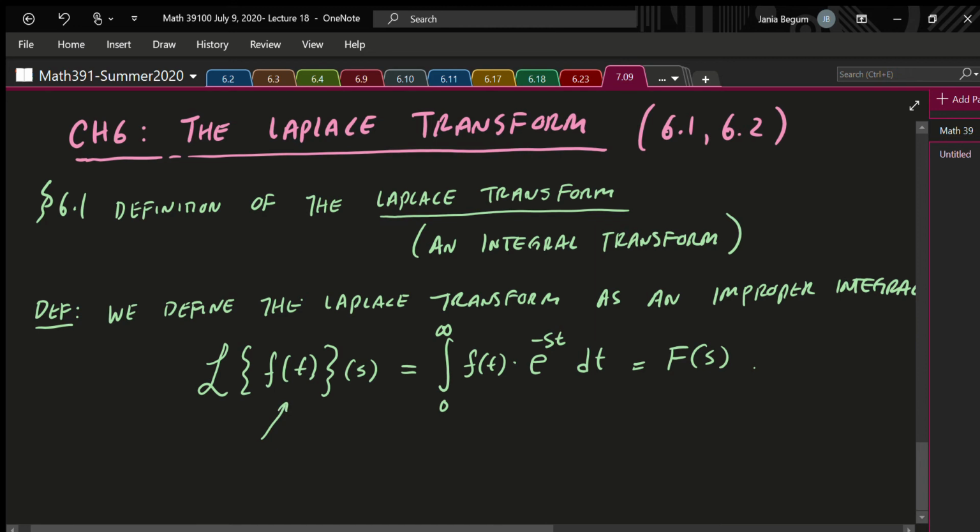And what it's going to do is put the function inside the integrand and multiply it with e to the negative st. Well, this function e to the negative st has a name. It's called the kernel. It's the kernel of the transformation.